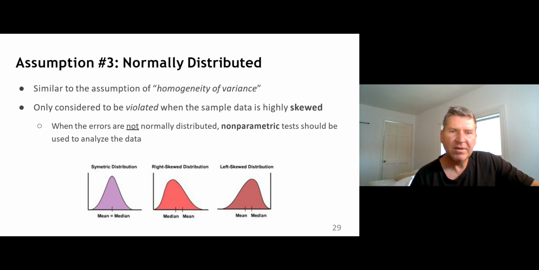You can see below, what we want is the purple one on the left, but there might be a right or a left skewed distribution, and look at how the mean and median differ. That's one way these descriptive statistics can help us learn this. And if the mean is very different than the median, this tells us that we could have a non-normally distributed data set, and we can't use the F statistic or the T statistic.